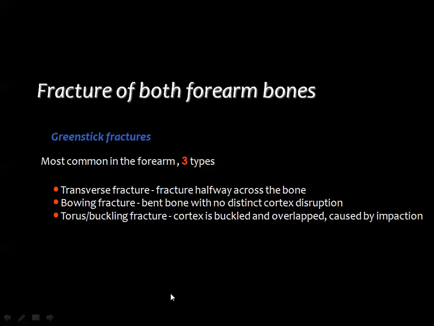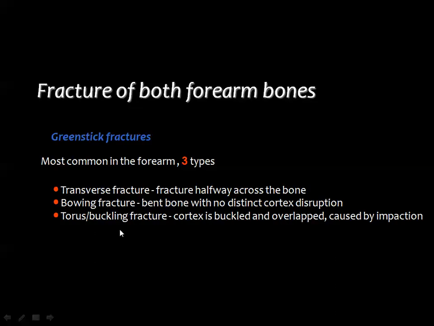In fractures of the forearm bones, the greenstick fracture may involve one of the forearm bones, and they may have one of three types: the transverse fracture halfway across the bone, a classic greenstick one; bowing fracture, the bone is bent with no distinct cortical disruption, and you can consider this as a fracture type, which is also seen in the zygomatic arch.